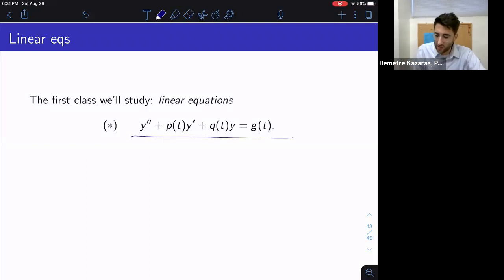The y prime appears in a very simple form, just being multiplied by t stuff. And the y itself appears in a very simple form, just being multiplied by some t stuff. And then maybe there's a right-hand side, g, with only t stuff. This is a generalization of linear first order equations. It looks like a very similar form, except now we just have another derivative.